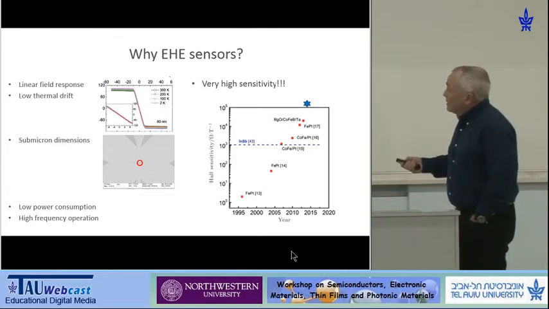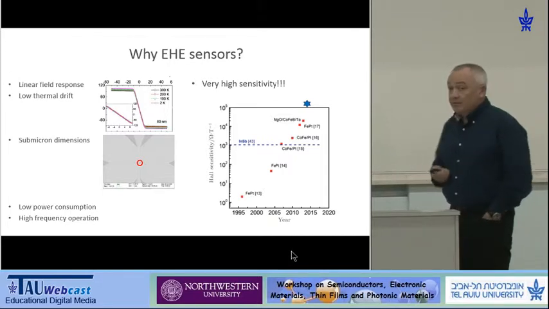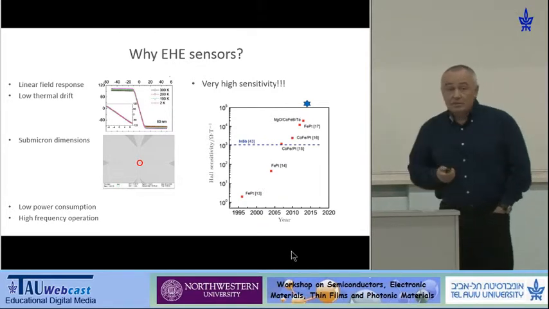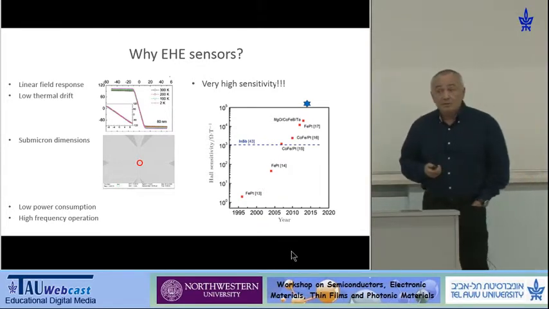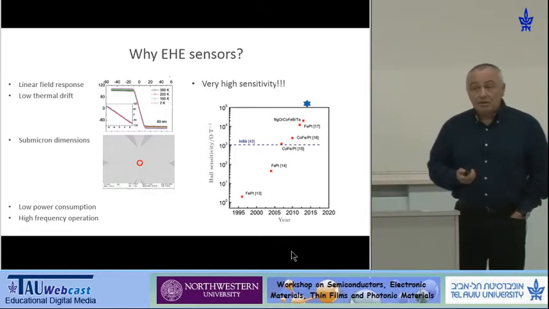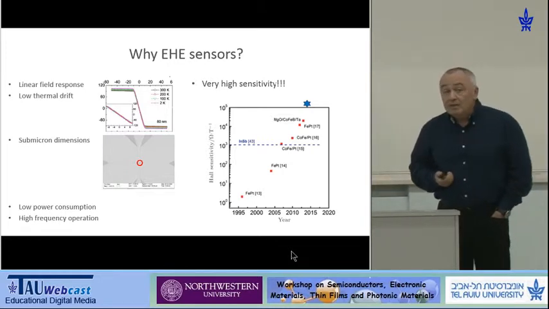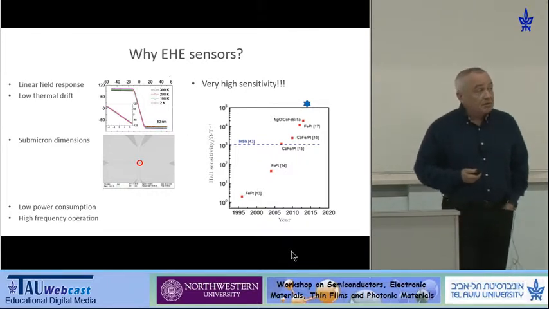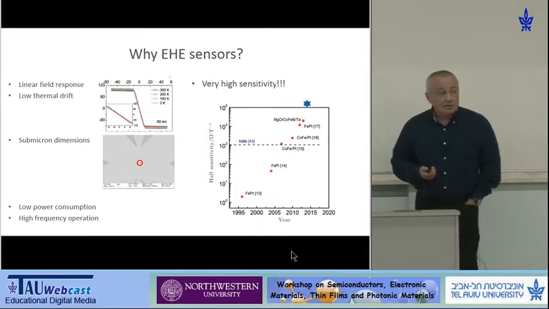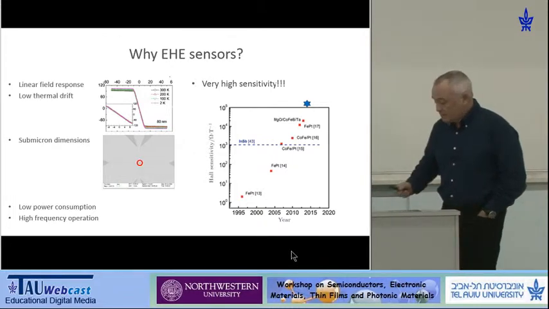Now, this number has already been passed, so there were reports of about 10,000 ohm per Tesla, and this number, which is not yet published, but recently we got sensitivity in the range of almost 1 million ohm per Tesla, which is about 3 orders of magnitude higher than what has been achieved in semiconducting sensors.